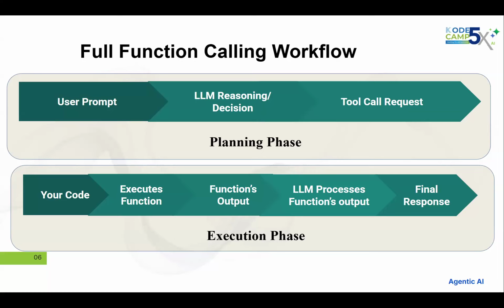So it will continue in that cycle of tool call requests from the LLM. Your code processes that tool call request, executes the function, and passes the output of the function to the LLM. It will continue in that cycle until the LLM determines that it's not necessary to make any further tool call requests, and then it will just provide the final response to you.